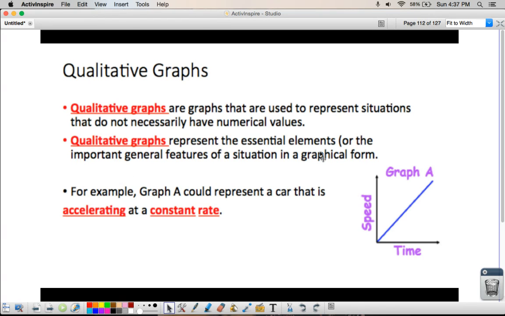So for example, we have graph A here, and this could represent a car that is accelerating at a constant rate. So we have to look at time. So time continues on and the speed of the car. So the car is speeding up, it's accelerating, and it's accelerating at the same rate, so it's a constant rate.